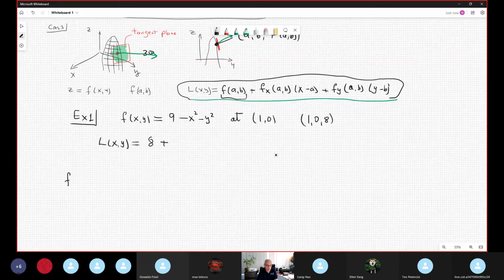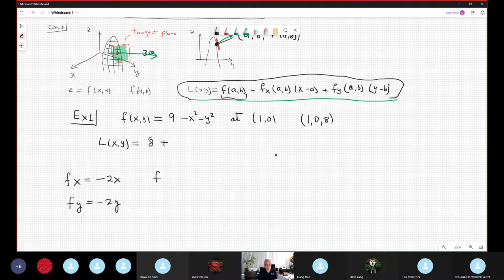You find the partial derivative with respect to x, so you differentiate this expression with respect to x. The derivative of a constant is 0. The derivative is minus 2x. And the partial derivative with respect to y is minus 2y. It's similar because it's the same thing.